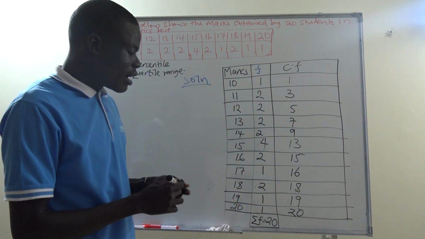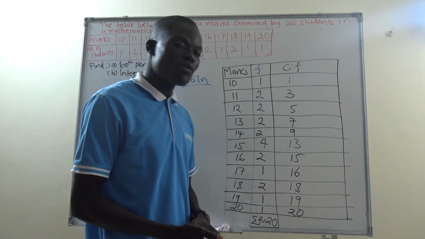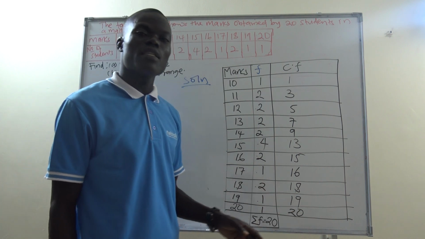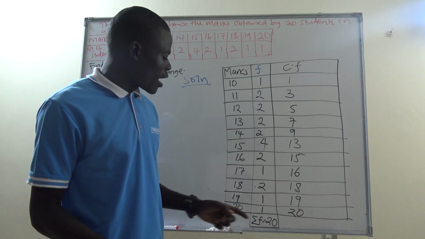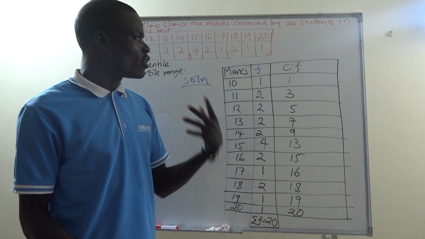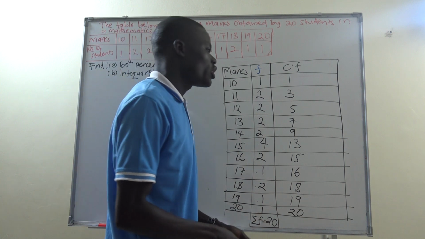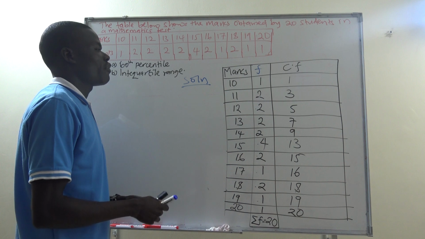Then this one drives us to the second condition which we need to meet, which says that the last cumulative frequency must be equal to the total number of students, or must be equal to the summation of frequency, or the summation of f.